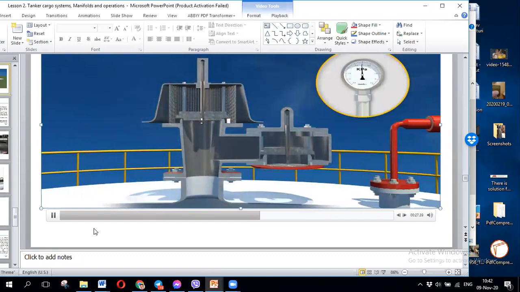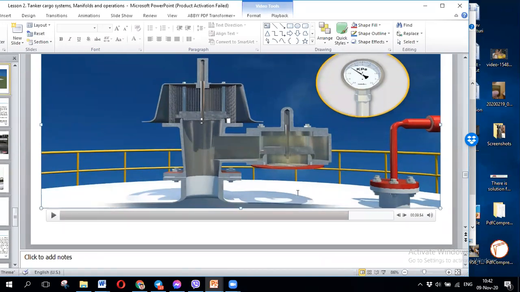But in the opposite way, when you discharge cargo, it works the other way. You suction the gas from outside, not the gas, sorry. When you discharge the cargo, the pressure decreases and you have a vacuum here, and to not damage the valve and the cargo tank, air is coming inside.